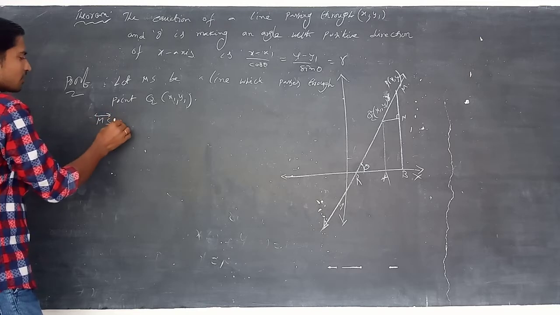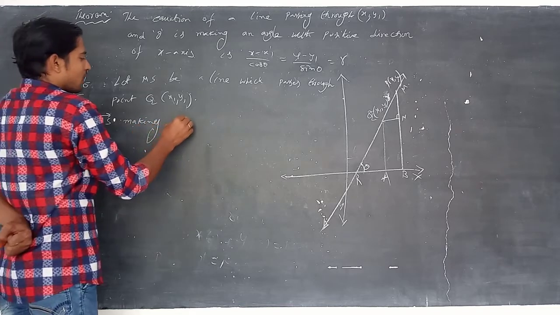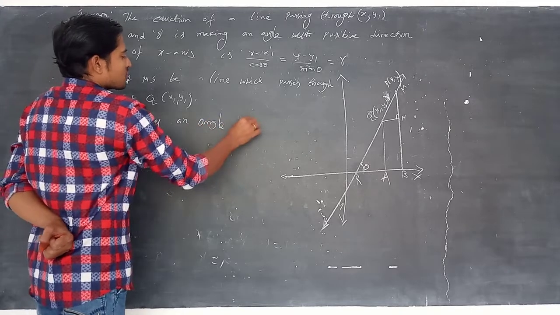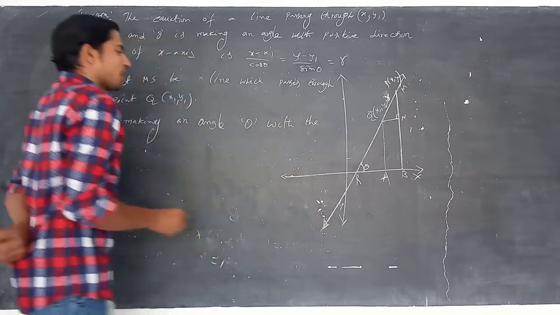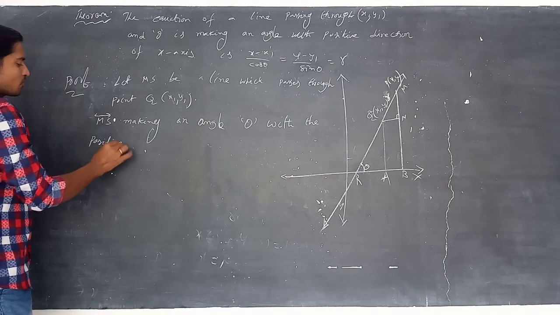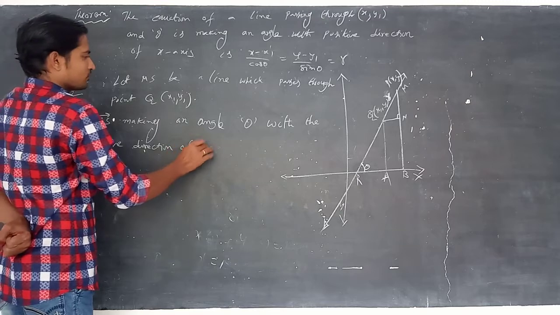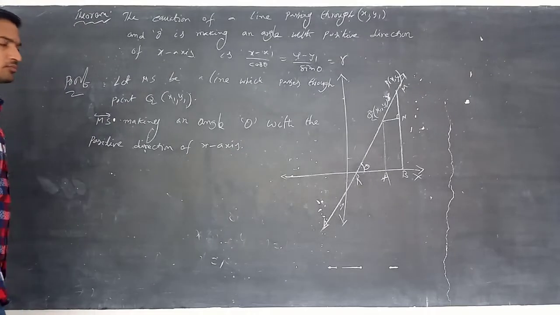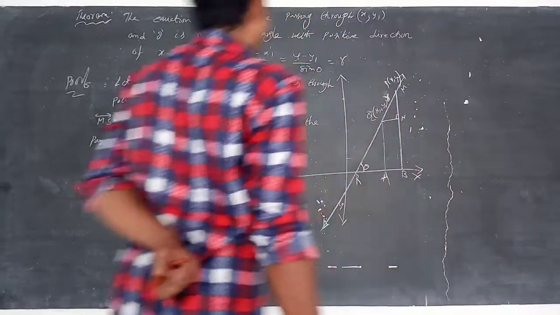MS is a line making an angle theta with the positive direction of x-axis.